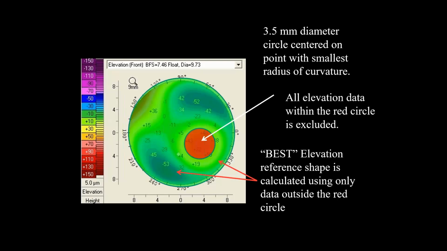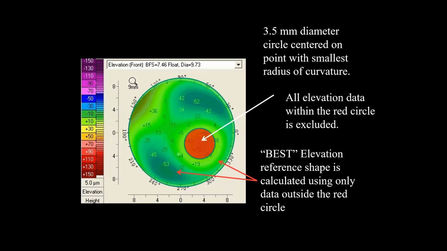The exclusion zone is what we see in red here. It's an area that is actually variable between 3 and 4 millimeters. It's a complicated formula how that's done, but just figure it as a small area surrounding the thinnest point on the cornea. Here in this example, we say it's 3.5. As I said, it fluctuates based on a formula that we have between 3 and 4.